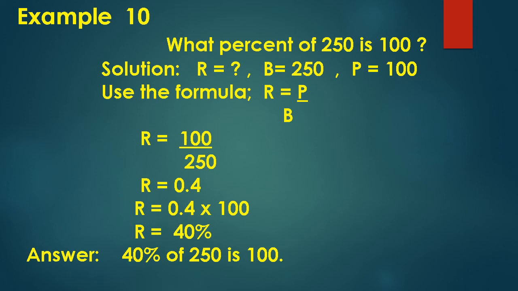So the answer is 4 tenths. So 4 tenths times 100 to change it to percent. So R is equal to 40%. So the answer is 40% of 250 is 100.